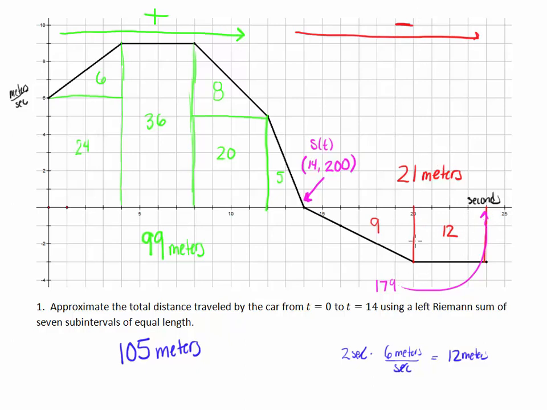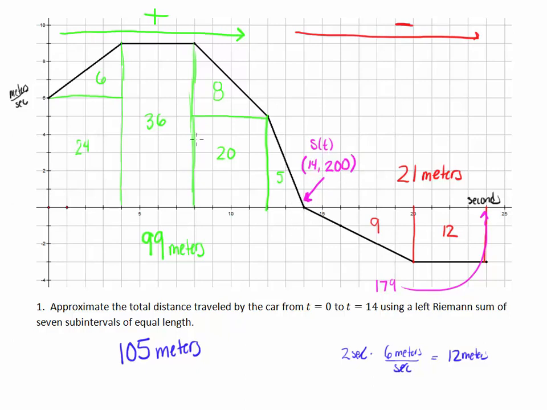So notice I did subtract. This counts as a negative value. But what if we go in the opposite direction? What if we work this direction to the left? I know that the car traveled 99 meters from time equals 0 to time equals 14.